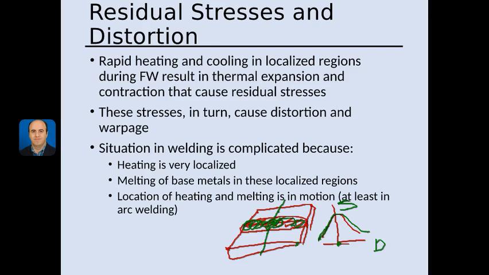This area further away may experience some increased temperature, but this material point will experience more temperature increase because we have localized heating and melting, and we have residual stress near the interface.